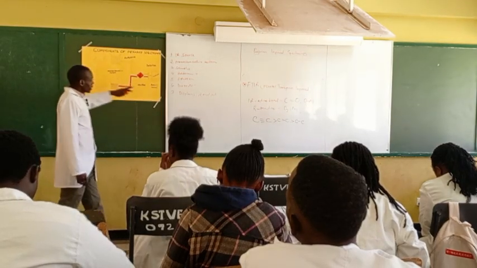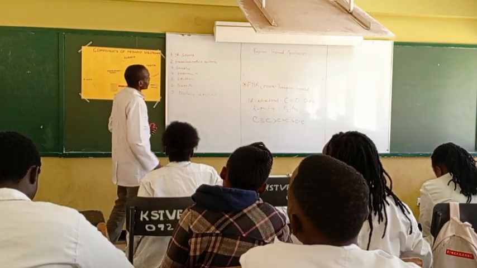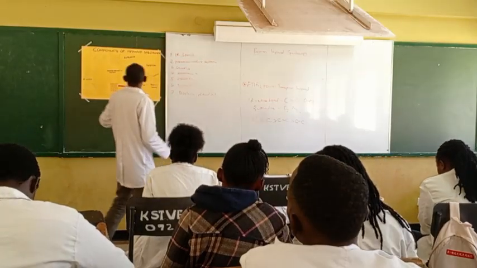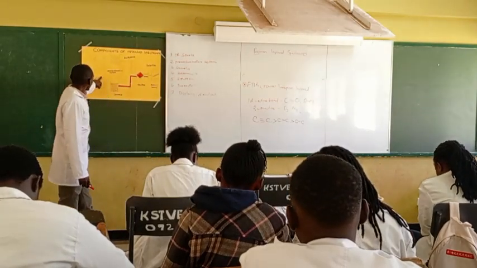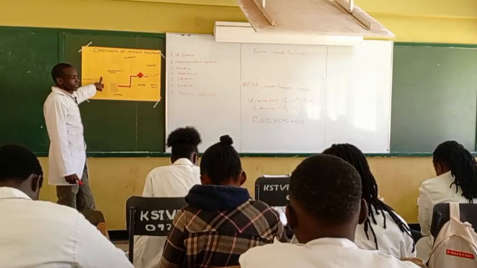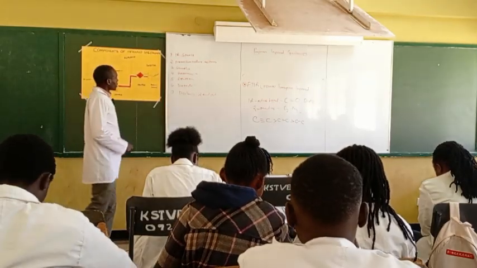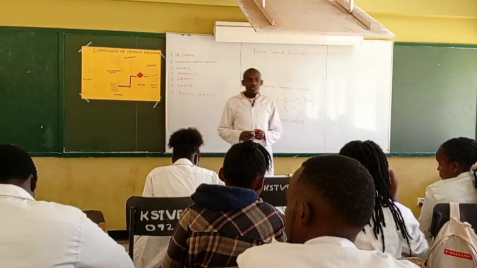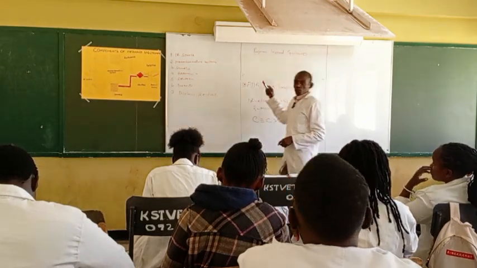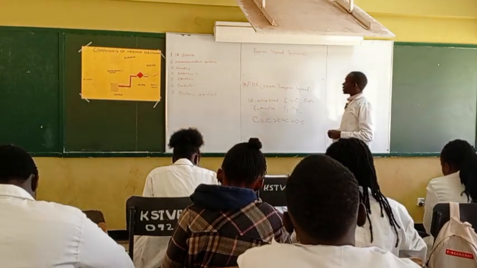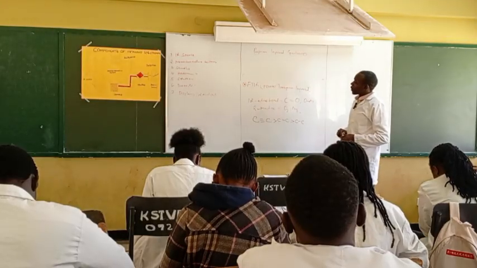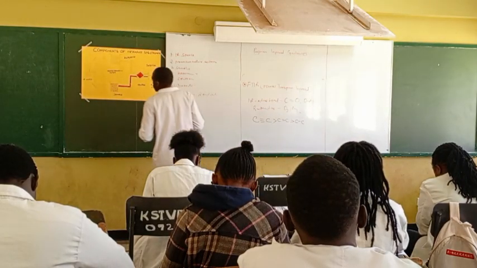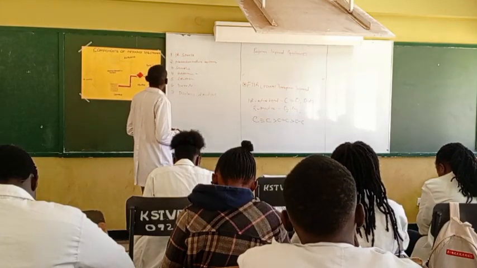But for the Fourier, we use the interferometer to split the wavelengths that come from the infrared source. So that is the only difference that I would like us to get, so that you can differentiate between the two spectrometers.